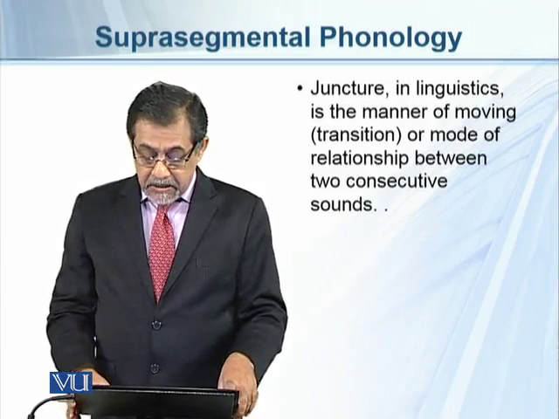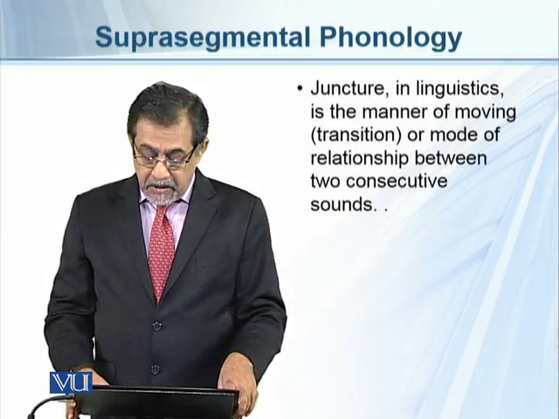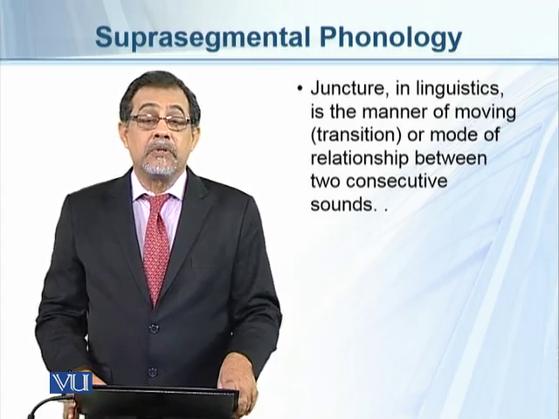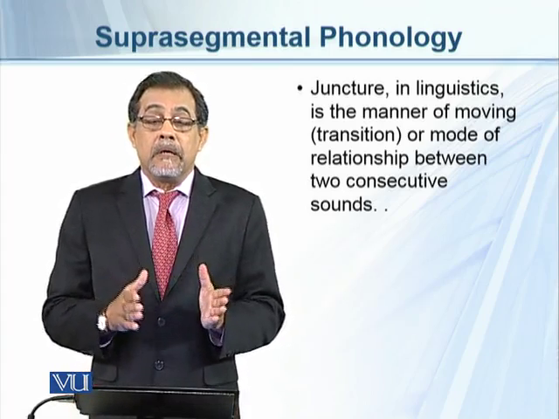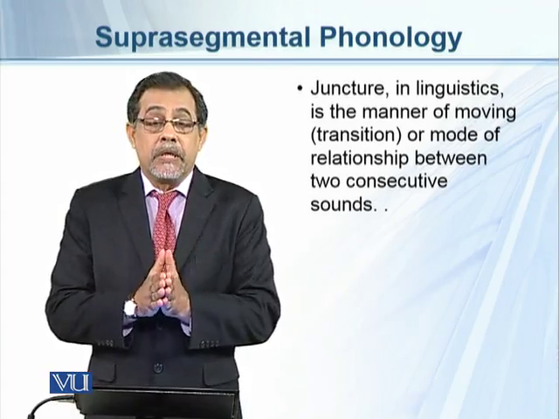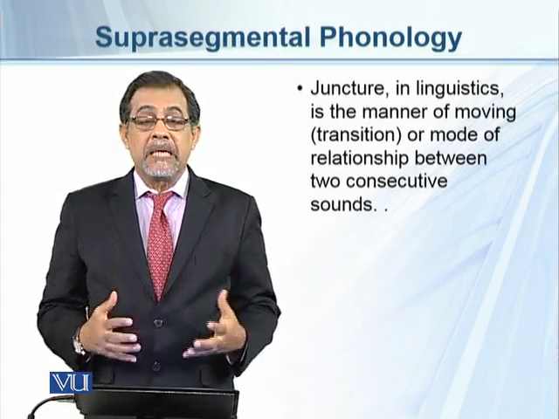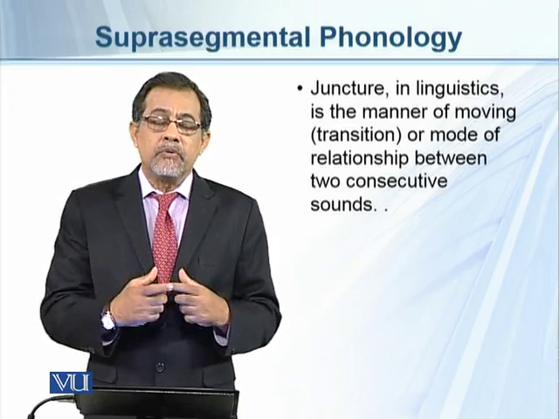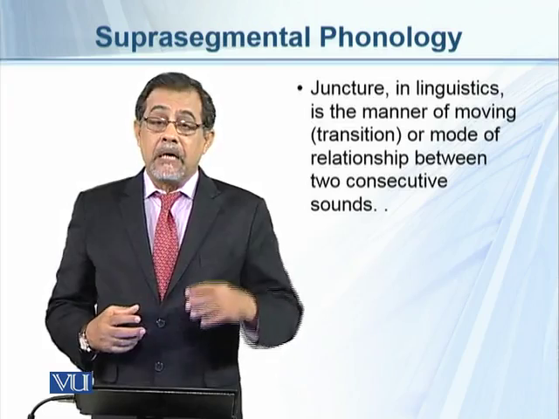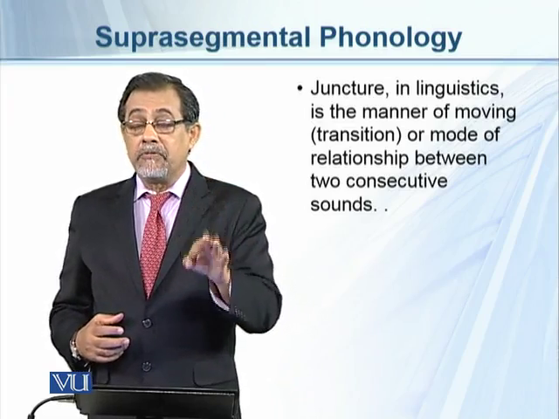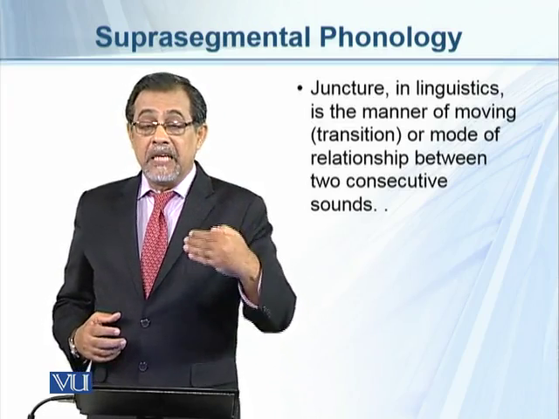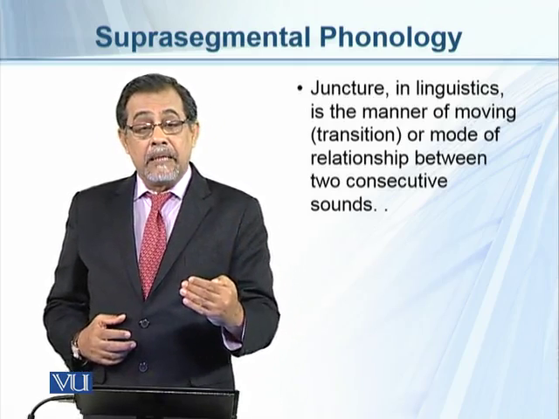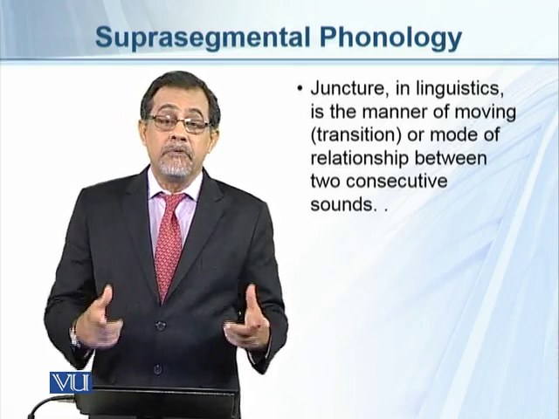Juncture in linguistics is the manner of moving or mode of relationship between two consecutive sounds. When we join words, sometimes their boundaries come very close to each other, so that if we do not take care of the boundaries of the word, the ending sounds of the syllable and the beginning sounds, we can confuse the language.